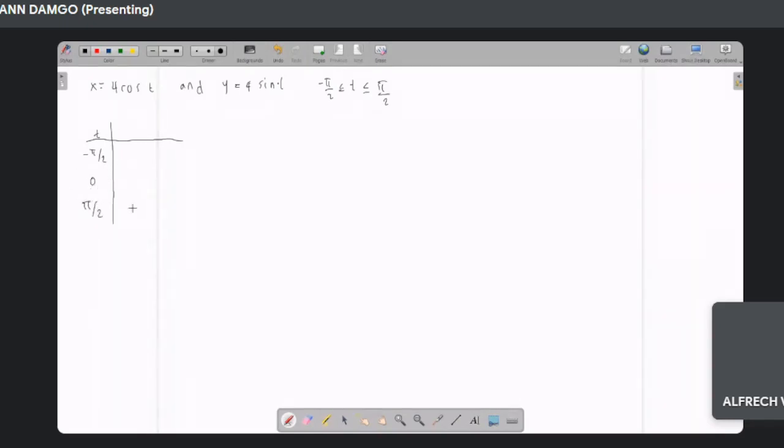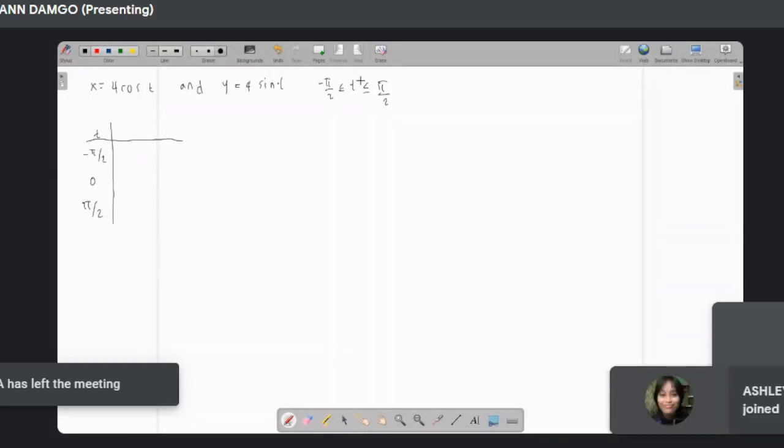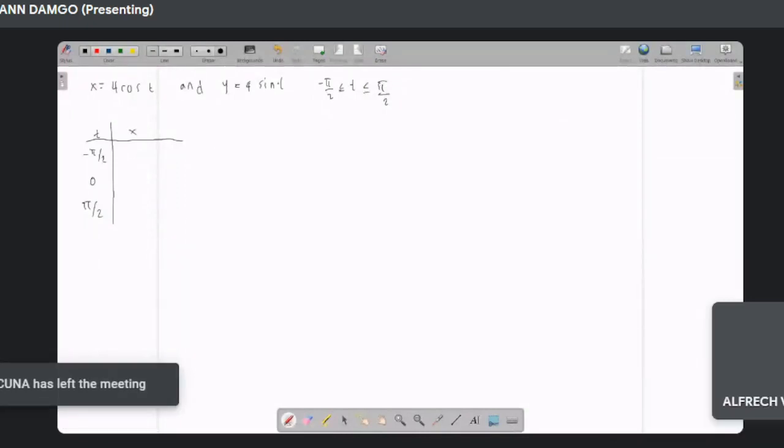Since t is restricted, we should only go from negative pi over 2 to pi over 2, because this is a special function. So we have 0, and then we have x, y.